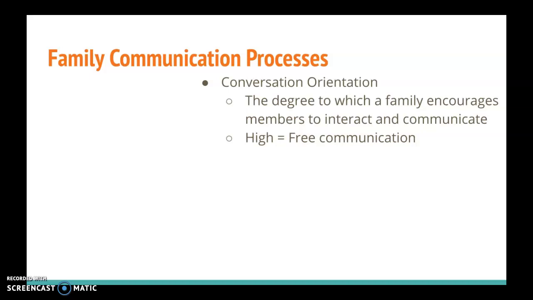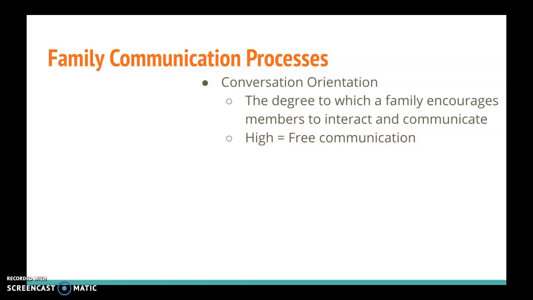A high conversation orientation leads to all family members, including the children, participating in the family decisions. And high conversation-oriented families tend to believe that communicating with children openly and frequently leads to a more rewarding family life and helps to educate and socialize the children.